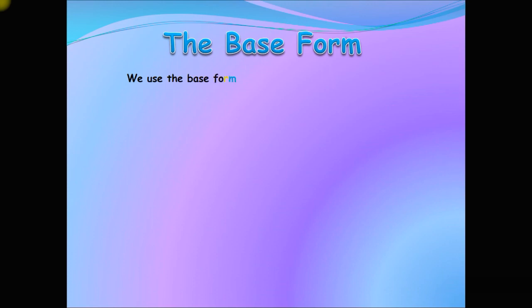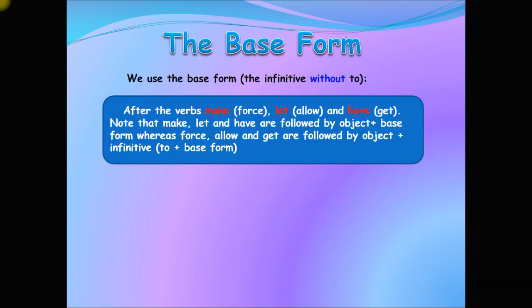Okay, we use the base form, the infinitive without "to", after the verbs make, let, and have. Note that make, let, have are followed by object plus base form, whereas force, allow, and get are followed by object plus to-infinitive.